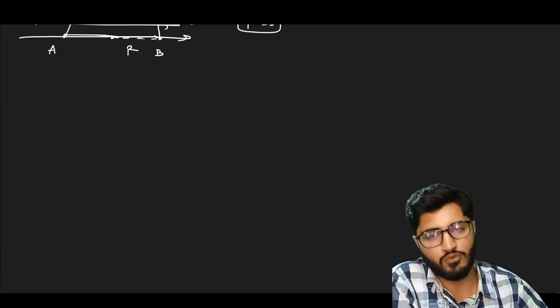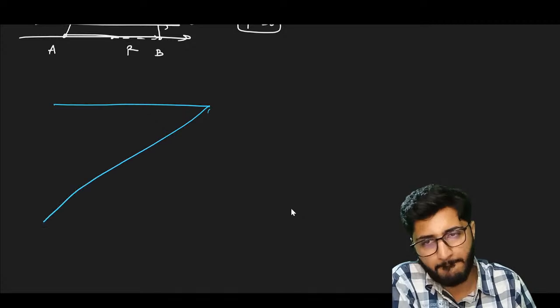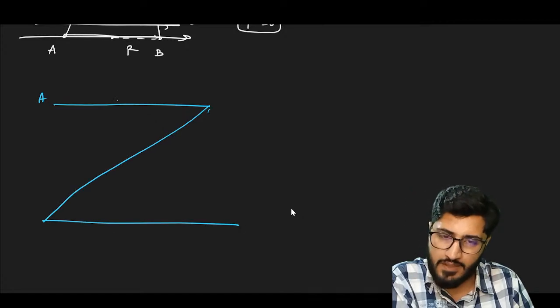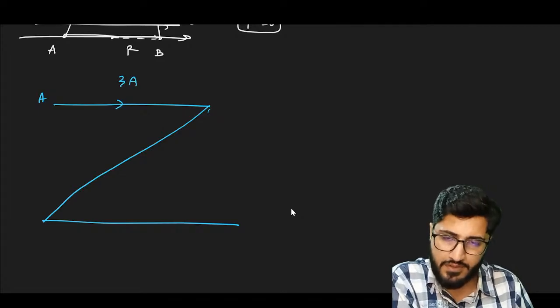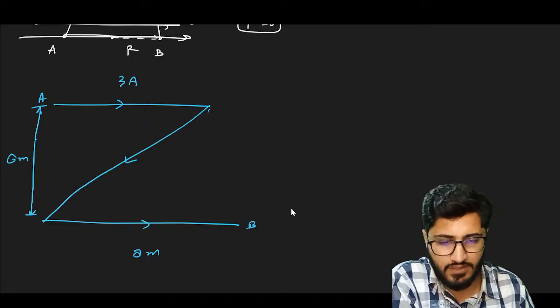One more numerical. Current is 3 ampere, sides are 8 meter and 6 meter. Done.